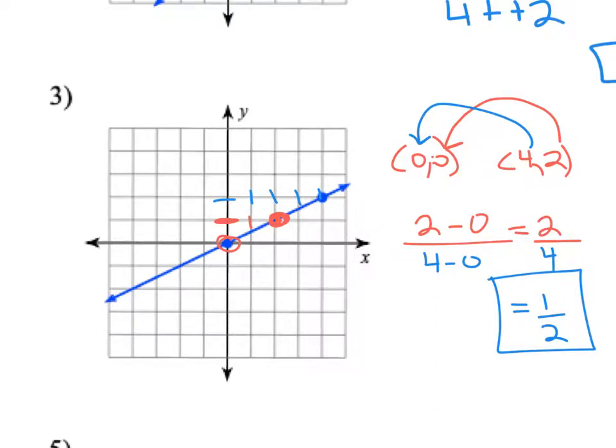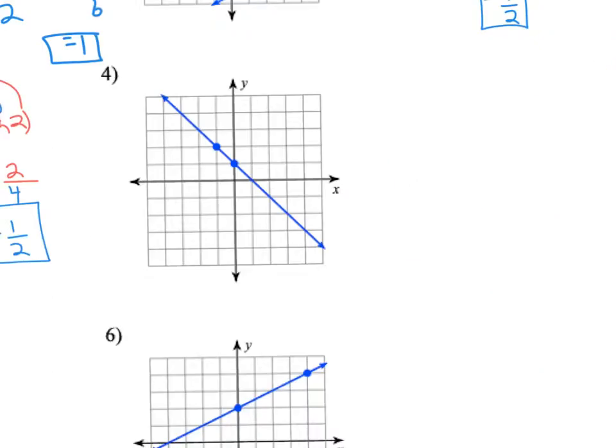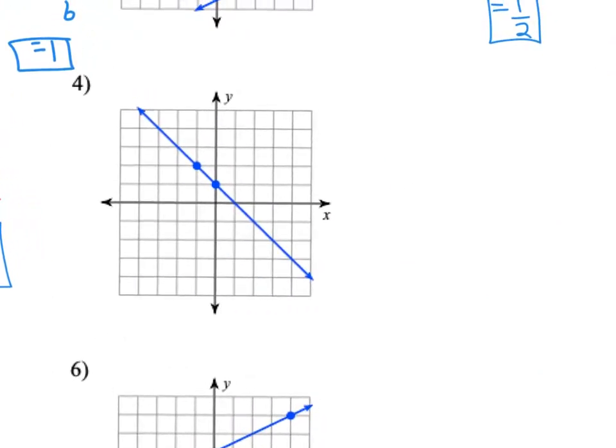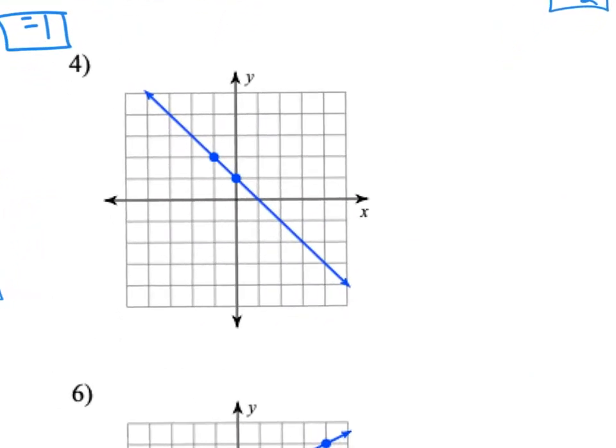Okay, so our last one we're going to try. Number 4. I've got 2 points that I'm going to use to find my slope, or my change in y over my change in x. So remember that your change in y is how far you go up or down, and your change in x is how far you go to the right.